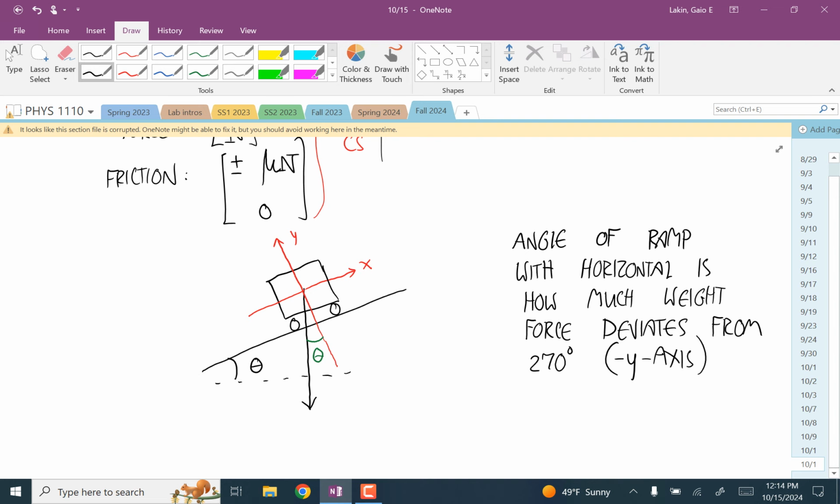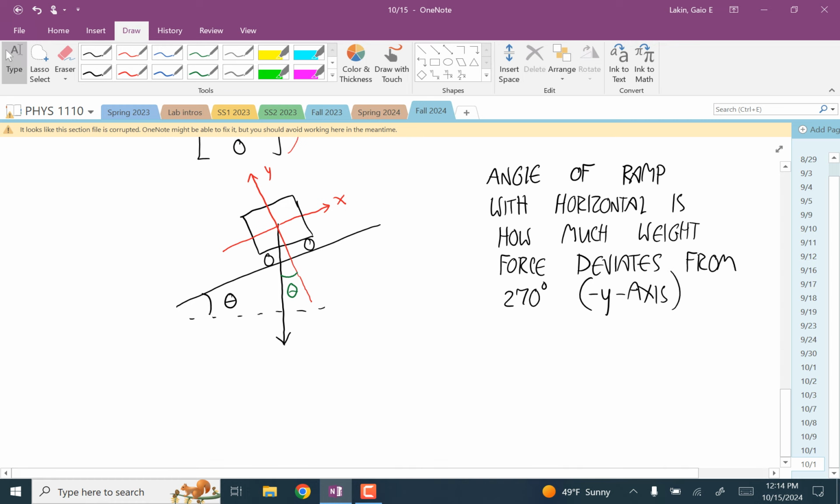In this case, that would be 20 degrees short of 270, so this would be 250 degrees. Okay, if that ramp was pointed the other way, it would be 20 degrees past 270, so it would be 290 degrees.